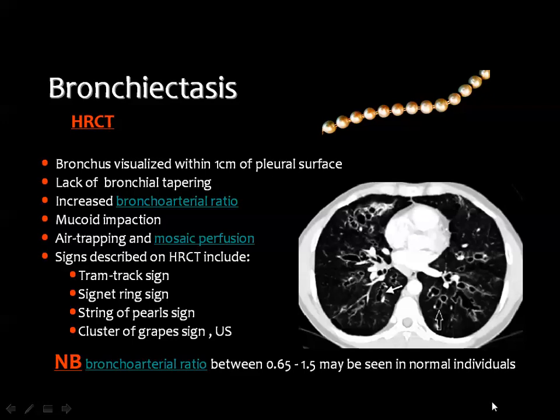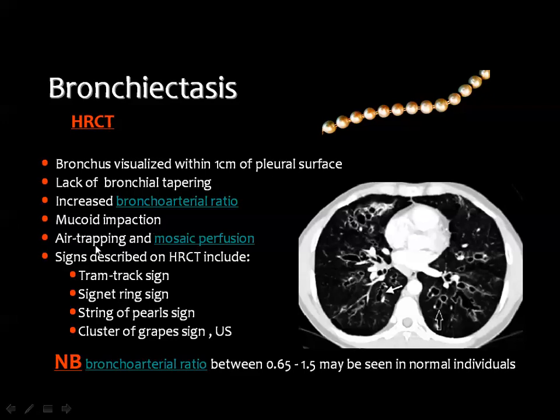To remember, we diagnose bronchiectasis when the bronchus caliber is larger than the adjacent artery. They should be of equal size, but if the bronchus is large, we consider bronchiectasis.